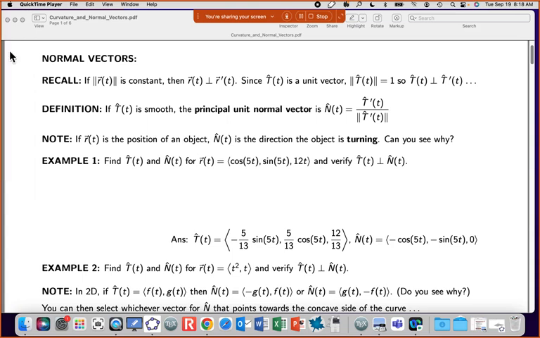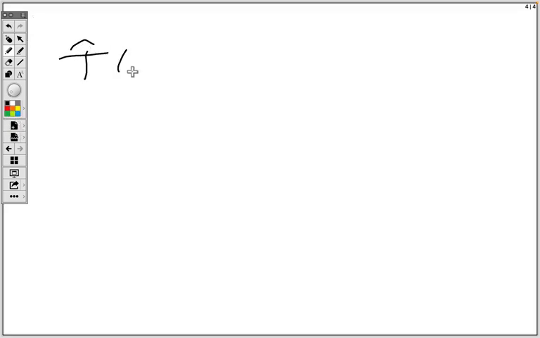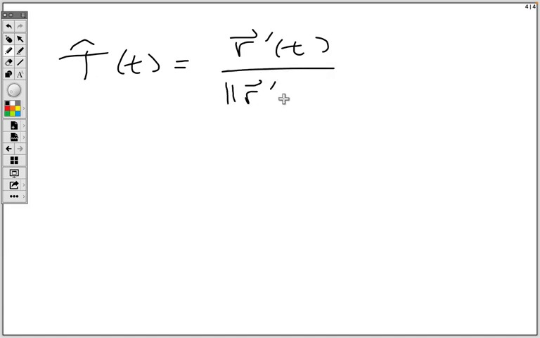So we look at the unit tangent vector. If our vector valued function is smooth, we can define the unit tangent vector. The unit tangent vector is the direction of the motion. It's the normalization of the derivative, so it's the derivative normalized.